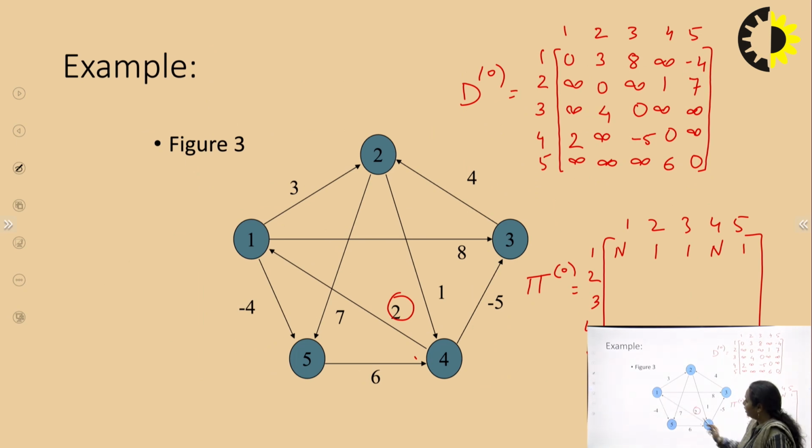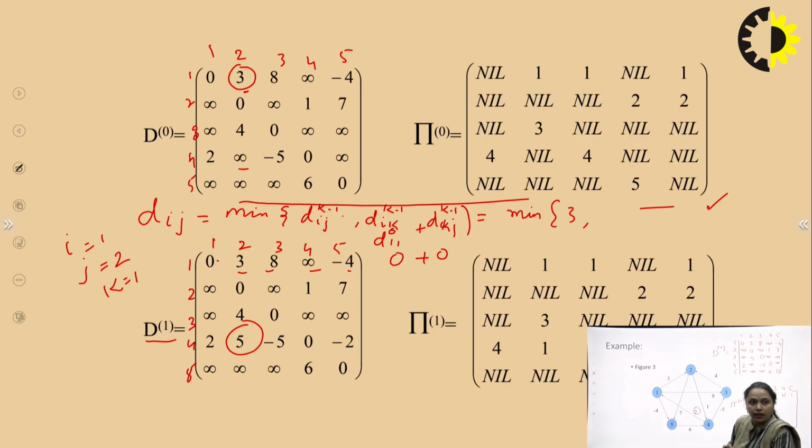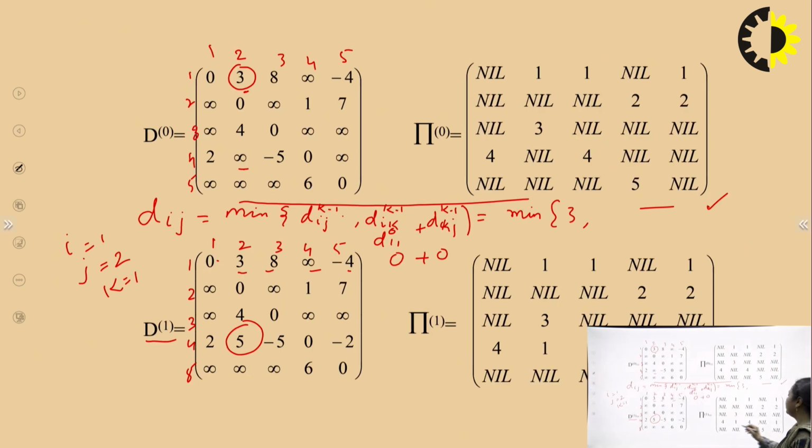So 4 to 1 and 1 to 2. The cost is 2 plus 3, that is 5. So what is the predecessor node of 2 here? That is 1. So in the parent matrix also we will change it and write 1. Or, on the other side, we can say we will consider only node 1 as the intermediate node whenever we are calculating the data for any of the cells.